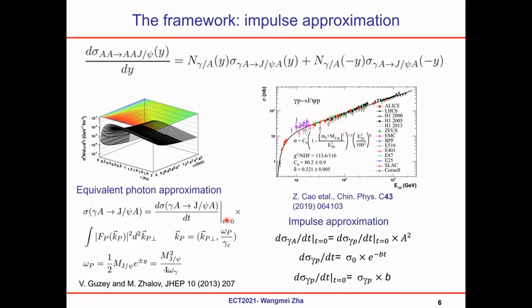And as we know, the forward scattering cross section is proportional to the gluon density distribution squared. And if we know the forward scattering cross section in gamma p, then we can directly extract the shadowing of lead.